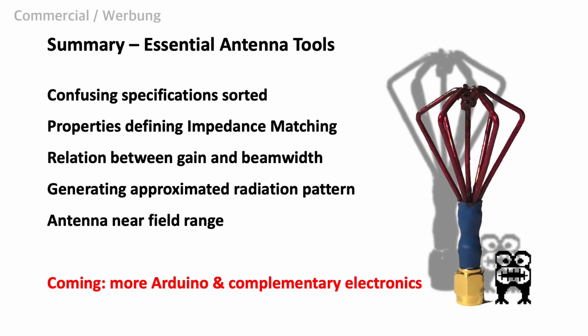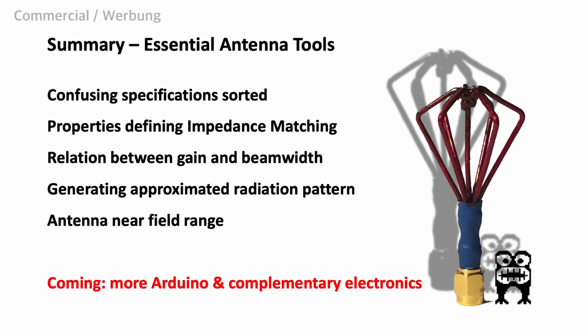The summary. Specifications of antennas can be confusing. I would be happy if I could help you a bit to unmess this. We talked through the properties that define the impedance matching, and you can use the little tool instead of tables.